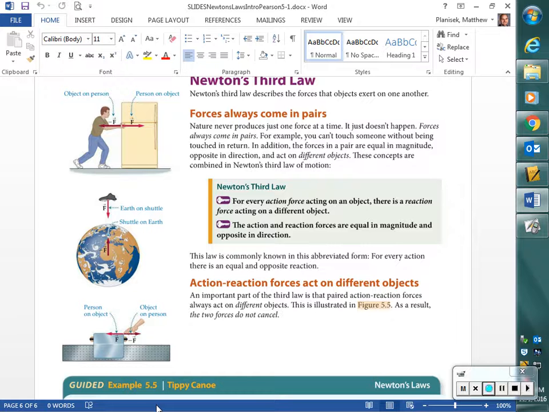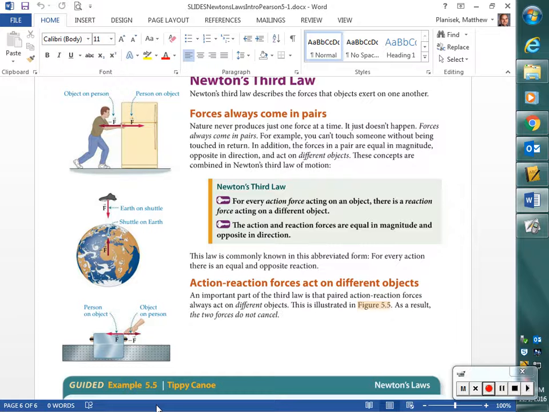If I take this book and push it, it moves. But if it's pushing back on me, what should I do? I should move too, but I don't. One thing that gets lost sometimes in Newton's third law is the idea that, yes, those forces come in pairs, but sometimes that reaction force, the thing that's coming back on the person that's giving the force, is not the only force that's acting on that person.